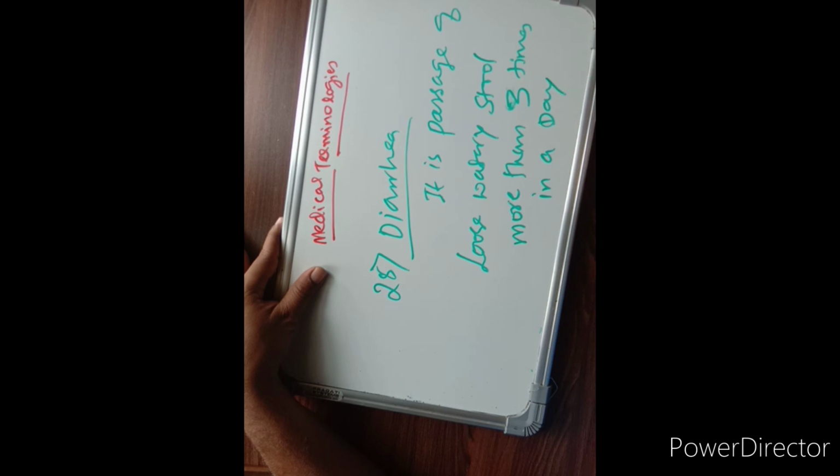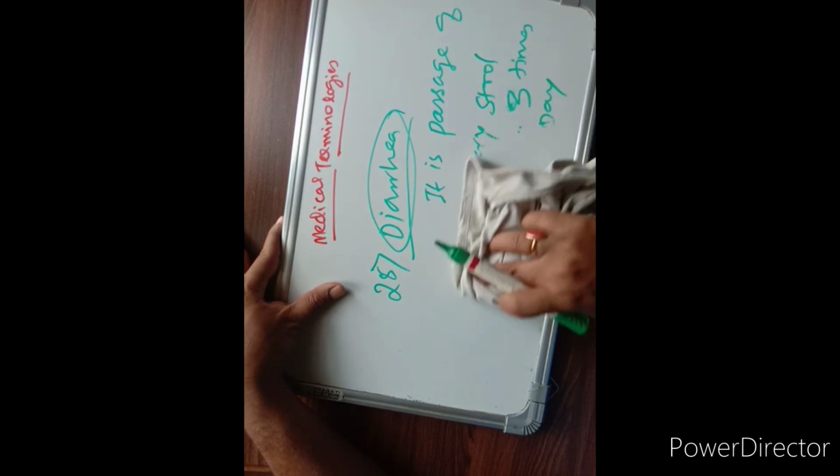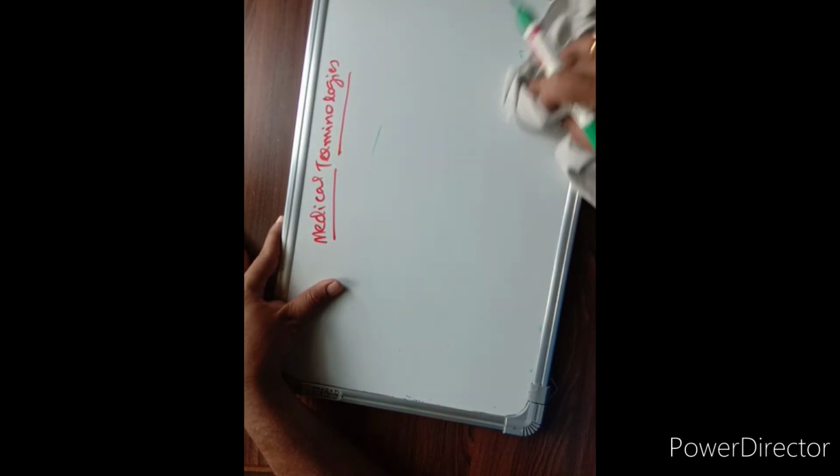Whenever a patient comes with a complaint of passage of loose watery stool more than 3 times in a day, it is known as diarrhea. So what is diarrhea? Diarrhea is a passage of loose watery stool more than 3 times in a day. All of you must know this terminology, it is very important.